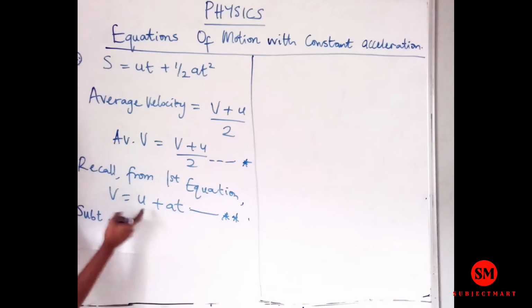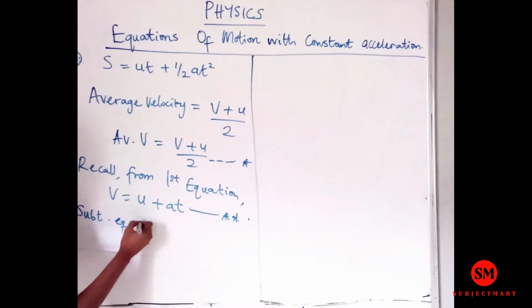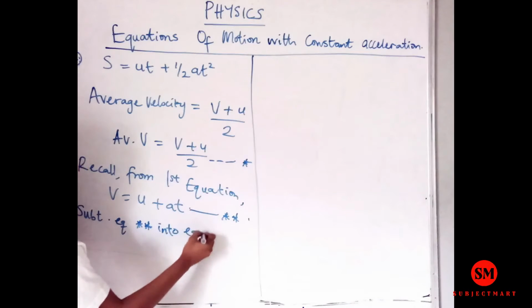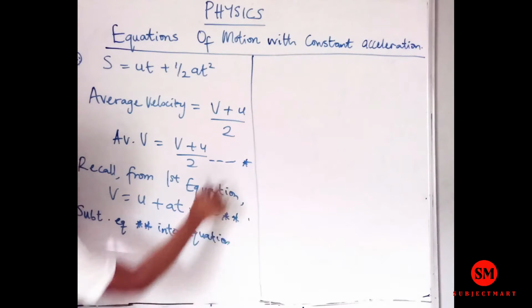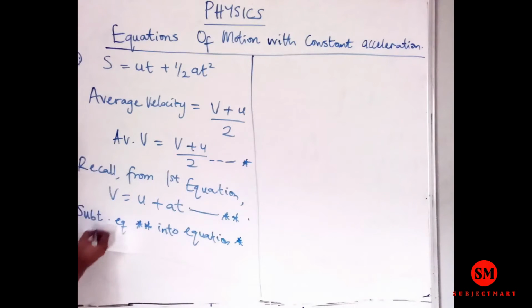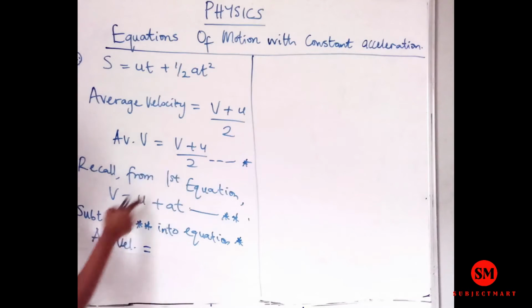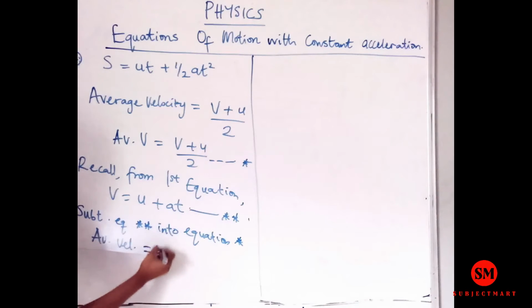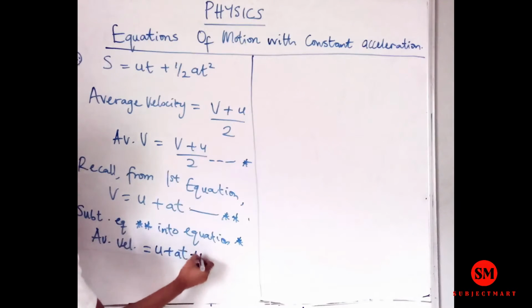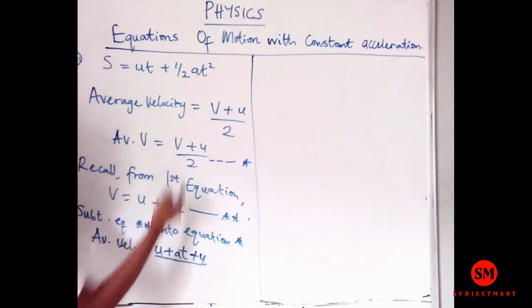So substitute equation star star into this equation, which I call star. Alright, so we have average velocity, with v equal to u plus at, so I'm now going to write u plus at as my v, in v plus u all over 2.